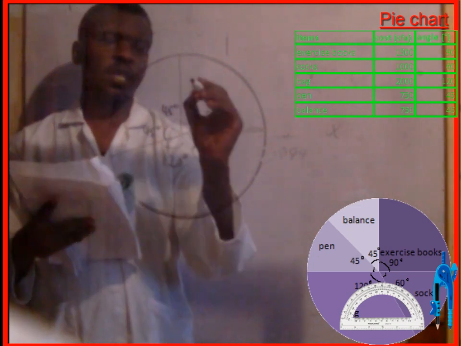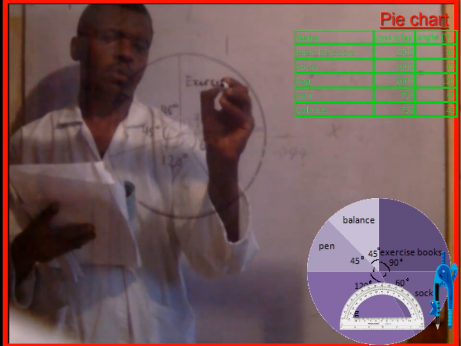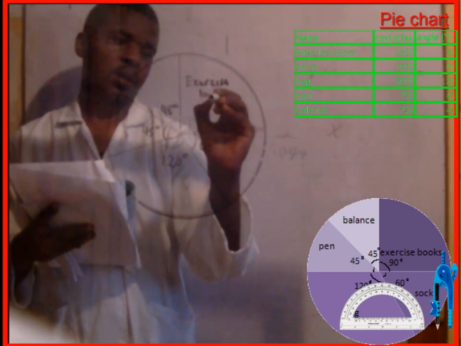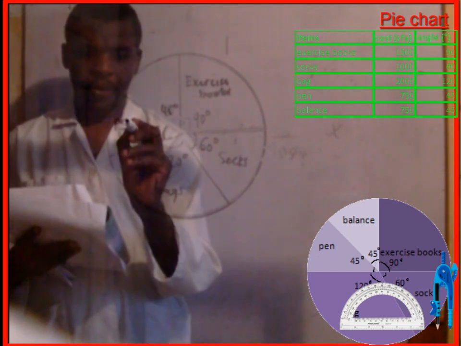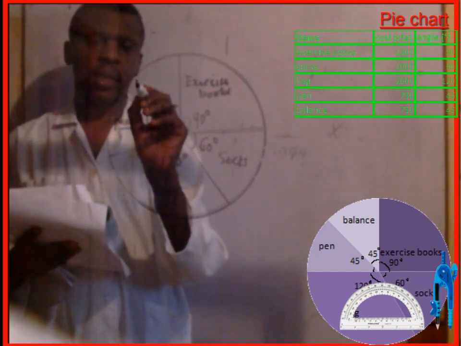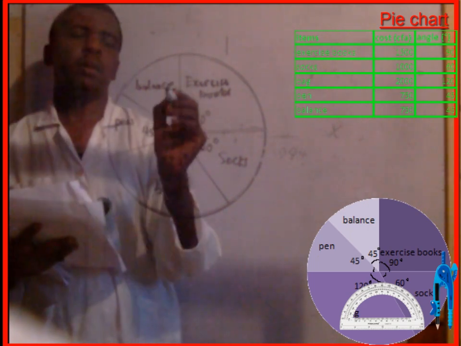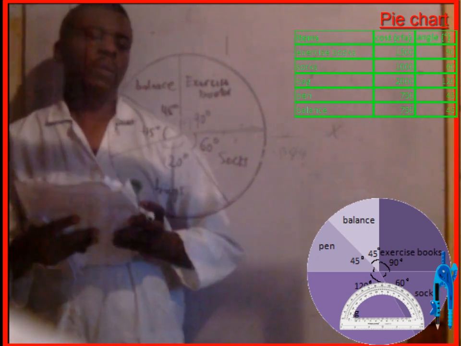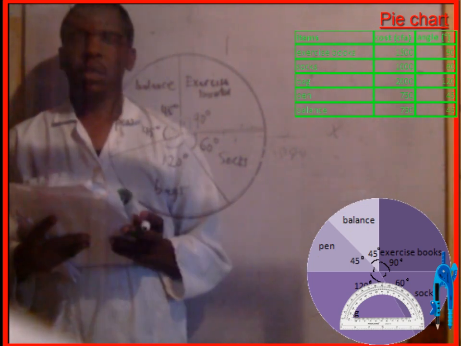Here I'll have exercise books, socks, bags, pens, and here the balance. So we have represented the information on a pie chart as required.